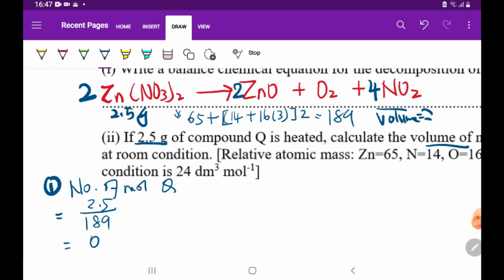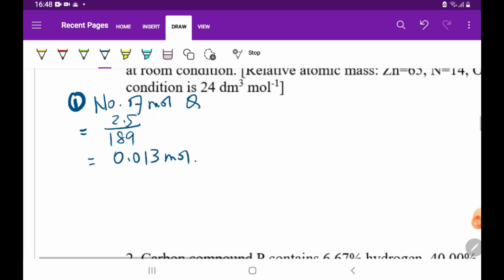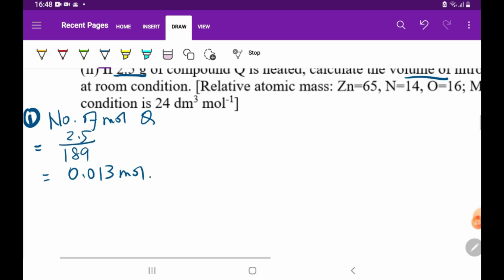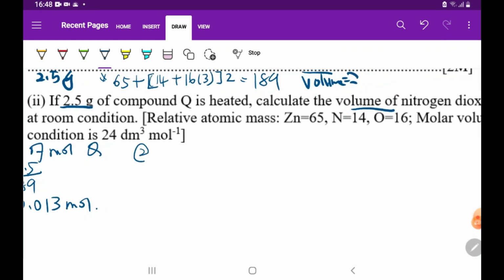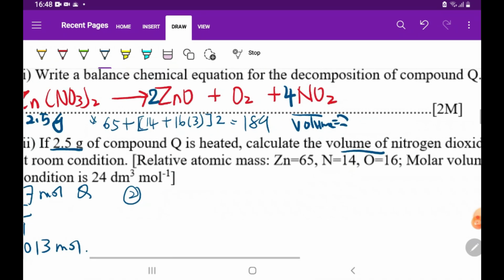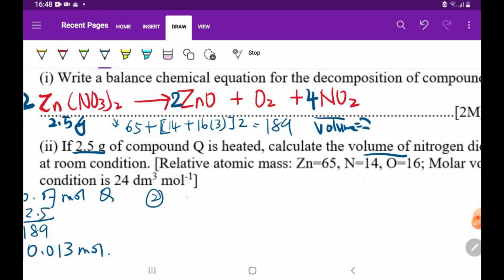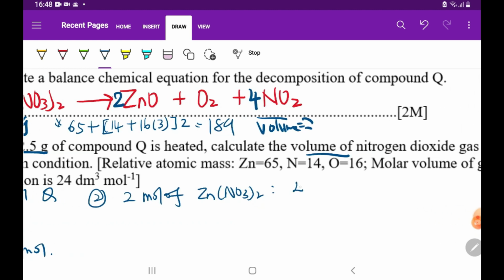Okay, so you will get 0.013 mole. Okay, so after you get the mole, step number 2, we do the mole ratio. Okay, so 2 mole of zinc nitrate produces 4 mole of nitrogen dioxide, means double.